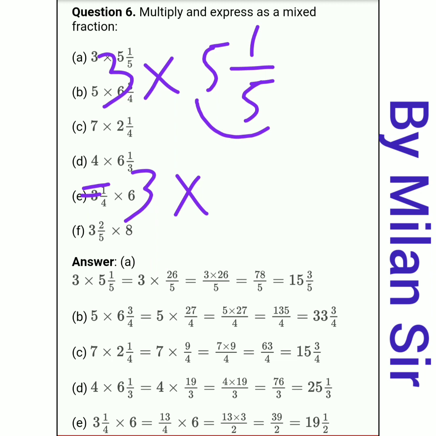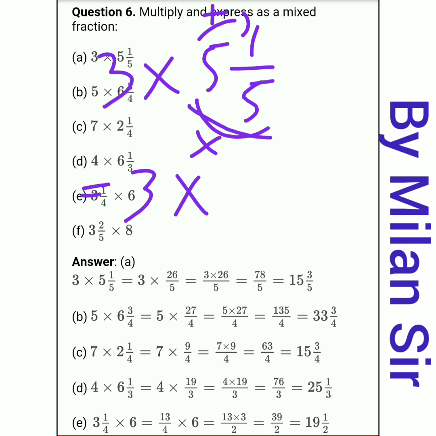We need to convert this mixed fraction into improper fraction, right? We already learned this conversion in our theory part, right? So first of all 5 multiply 5, denominator with this integer. So 5 5s are 25, and plus we need to add our numerator, right? We need to go clockwise direction.